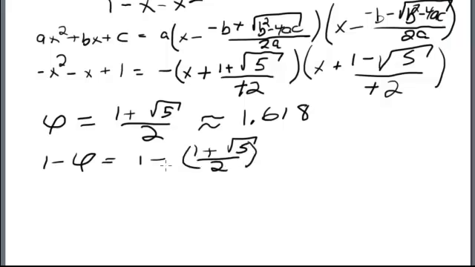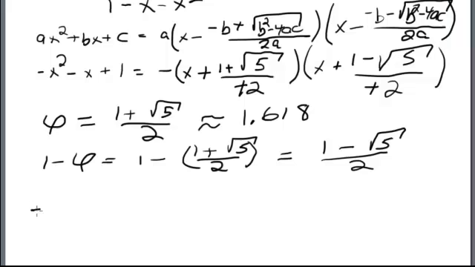And so we'll put 2 over 2, so it's 2 minus 1, which is 1, and then we bring the negative in there, so that's going to be 1 minus the square root of 5, all over 2. That's 1 minus phi. So we can rewrite our roots here.